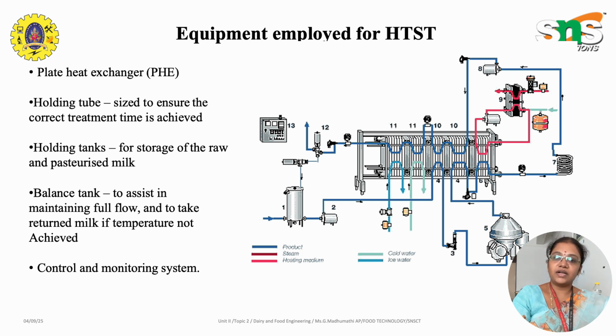The milk flows along a series of plate heat exchangers, after which it is carried on to a holding tube, and a balance tank is present to maintain the temperature of the milk, because when the pasteurization is over, it has to be chilled down to 4 degrees Celsius. So only a holding tank is placed in this HTST method.